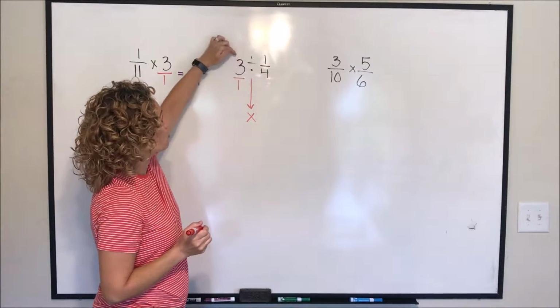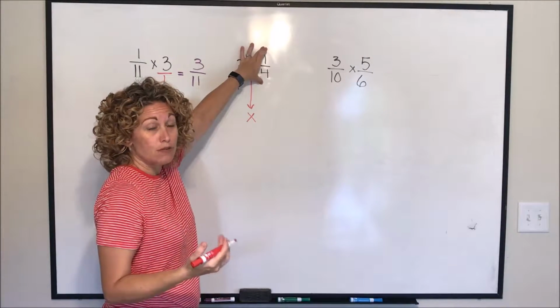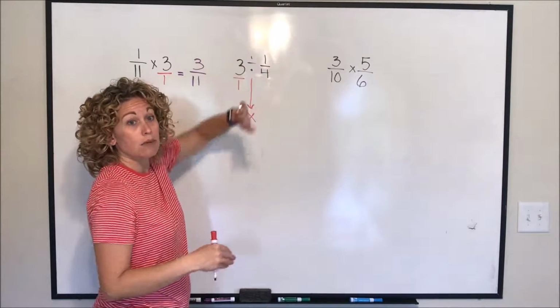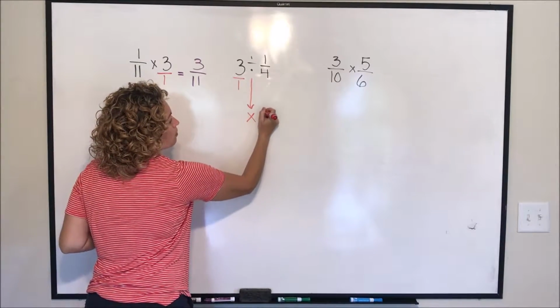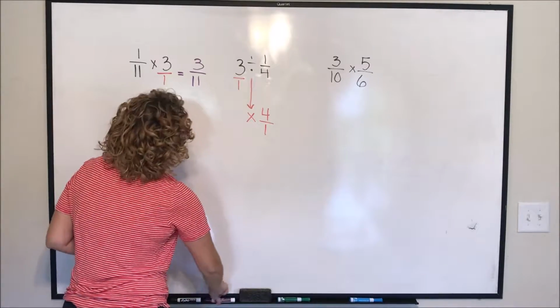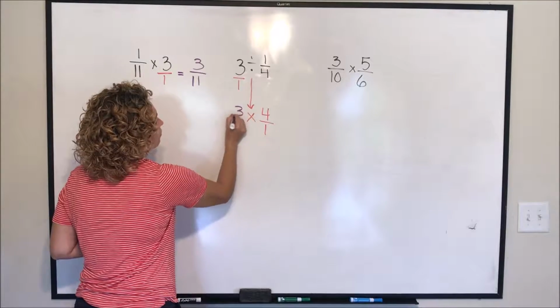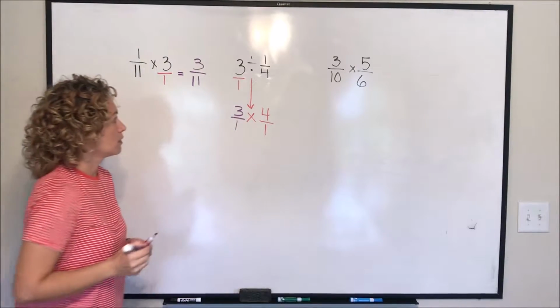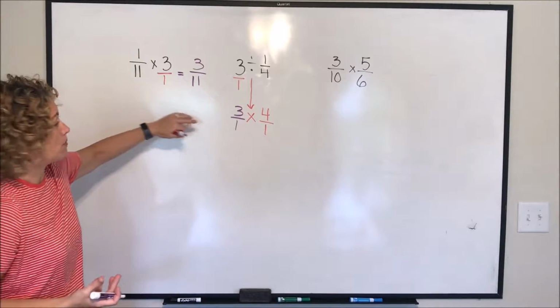Since 3 is divided by 1/4, 1/4 is doing the dividing. So that is the number that we're going to take the flip of, the reciprocal. So the reciprocal of 1/4 is 4 over 1. Our other number is still the 3 over 1. Okay, so that's our new problem.